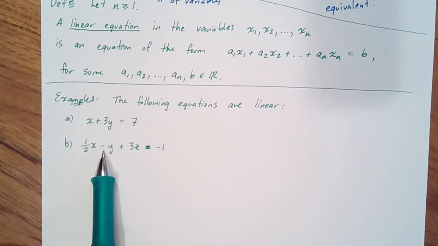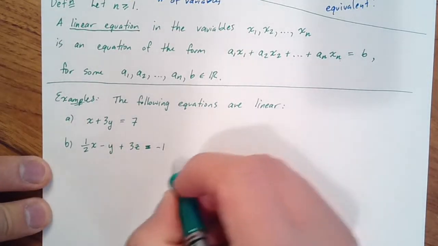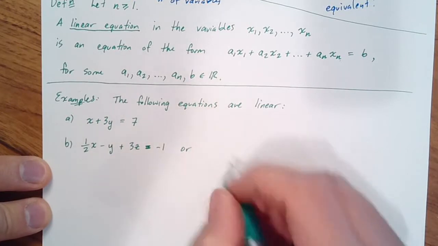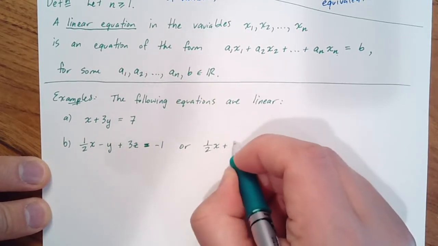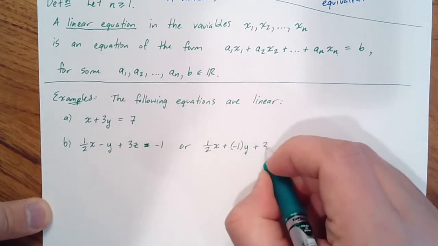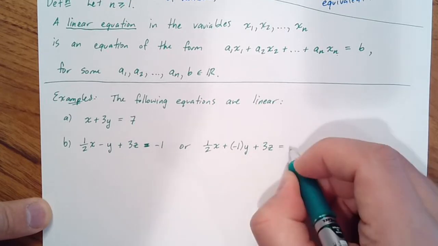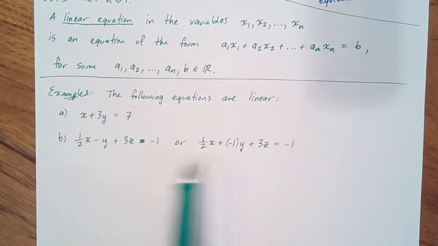No, that's fine, because you can always just think of this as the following. Let me write this a little bit differently. Let me say 1/2 x plus -1 times y plus 3z equals -1.